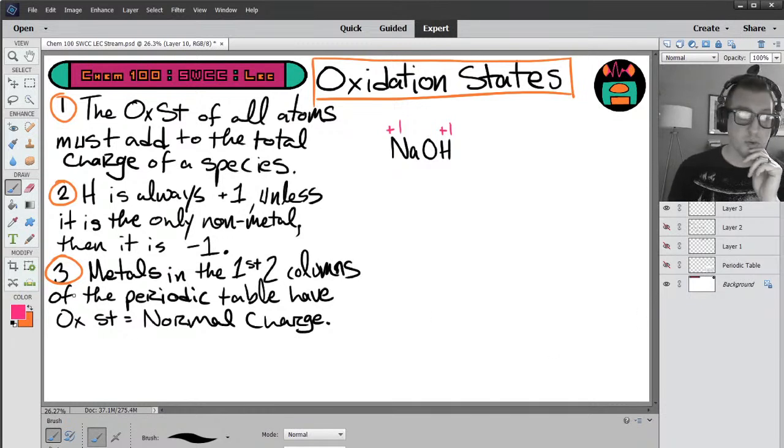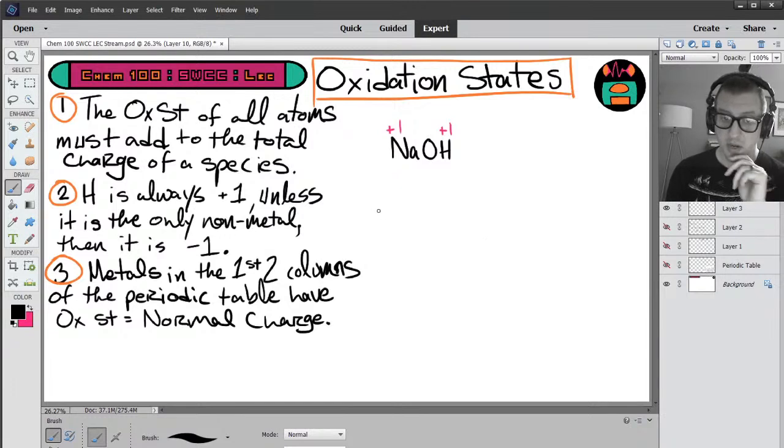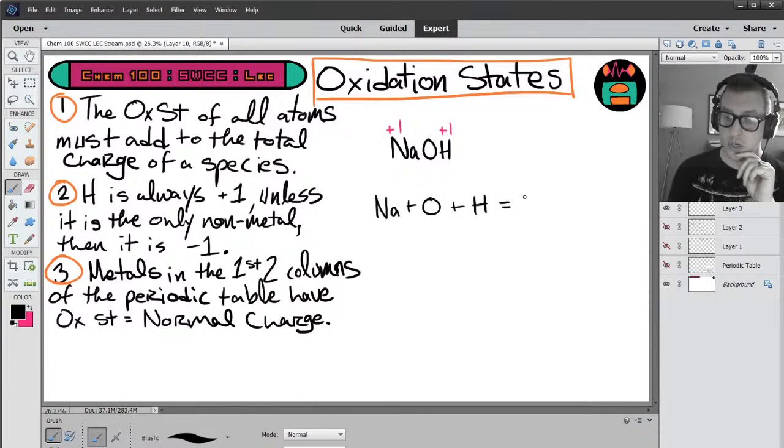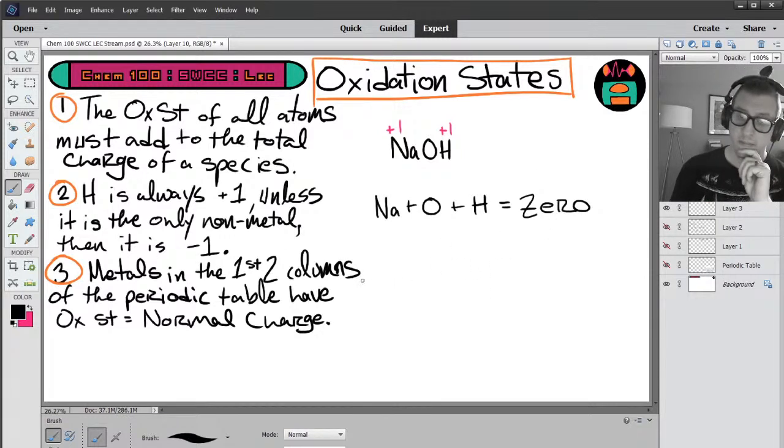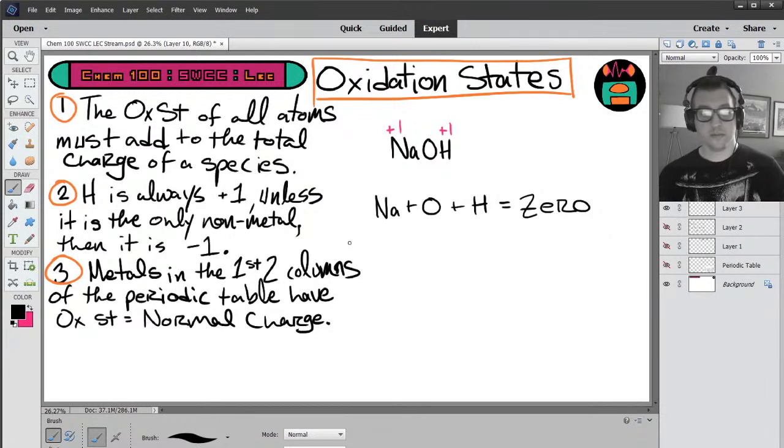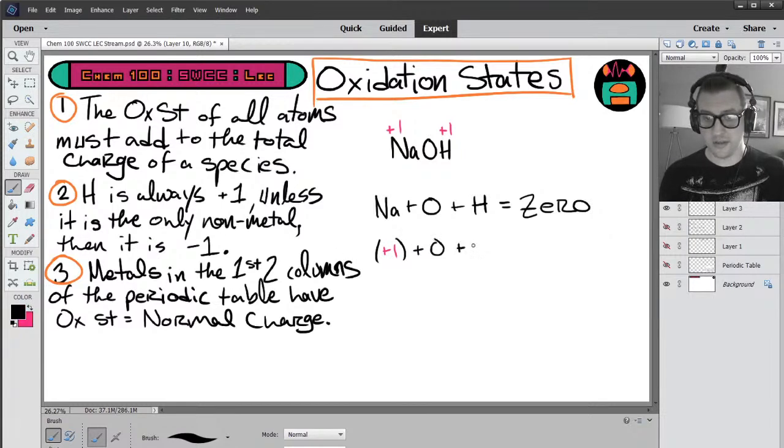Because now that we know both sodium and hydrogen, we can solve for oxygen's oxidation state, because we know that the sum of all oxidation states must equal the total charge on the species, which sodium hydroxide has a charge of 0. All right? Now, we know sodium's oxidation state, +1. We do not know oxygen's, but we do know hydrogen's, also +1.